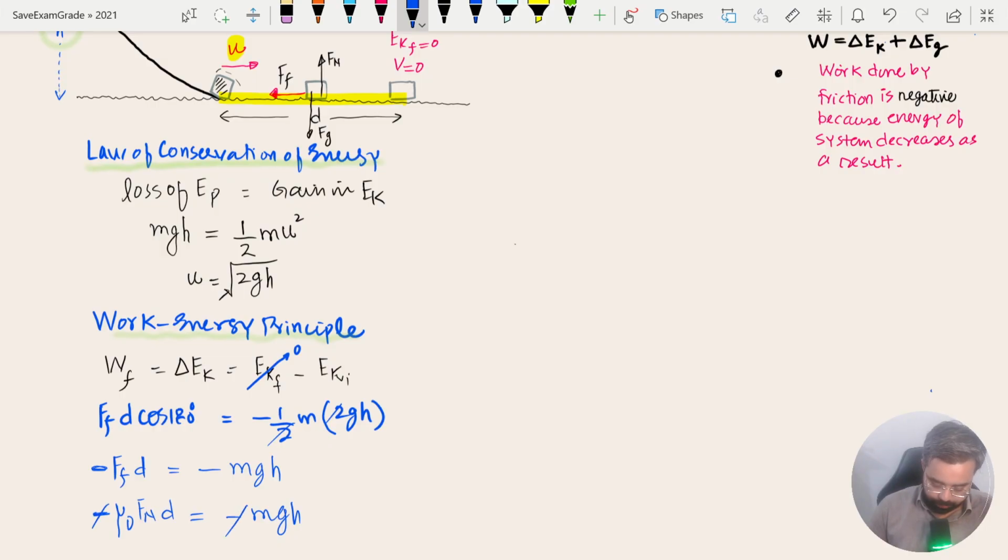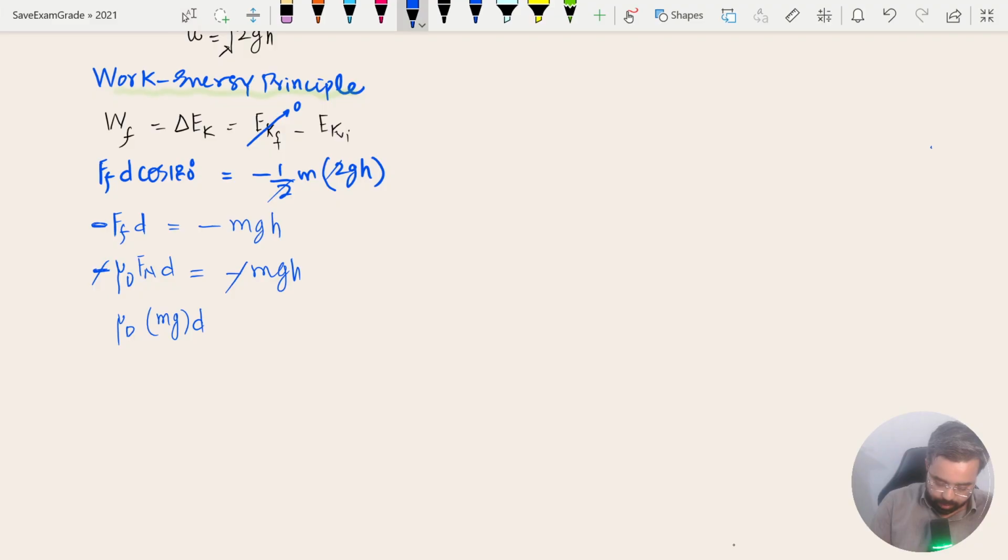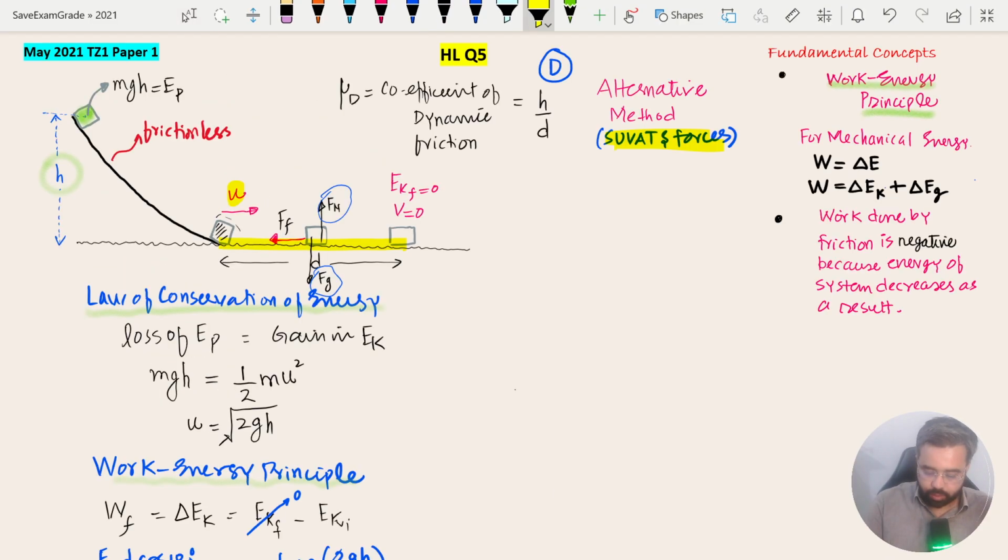Negative and negative cancel out. As you see, the normal force is equal to the weight, so it is mg. So from here mu d is equal to h over d. That is the final answer. So h over d is the answer. Option D is the right answer.